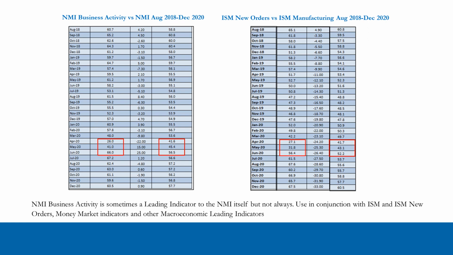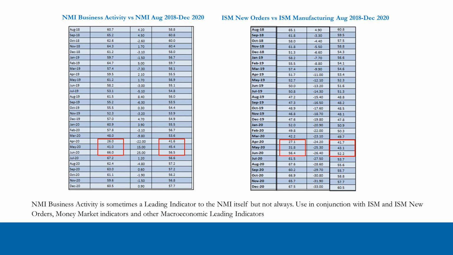Because when we compare this to new orders and the ISM manufacturing composite, when we compare business activity and the big move down, and then the coming out of it, the two big moves up, what's apparent is that the service sector rebounded much quicker than the manufacturing sector.